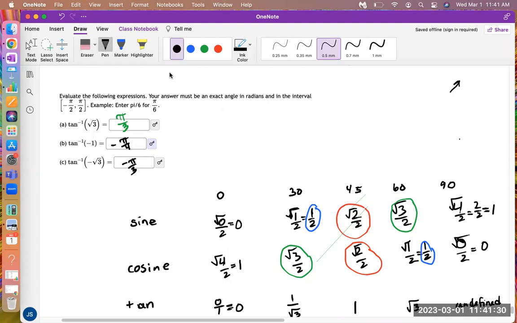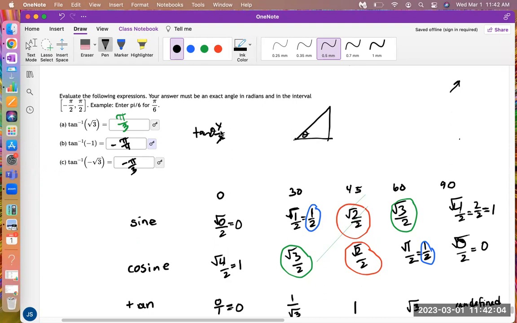So what you could do is draw a triangle. The tangent of some angle is equal to root 3. That would mean the tangent is equal to y over x.